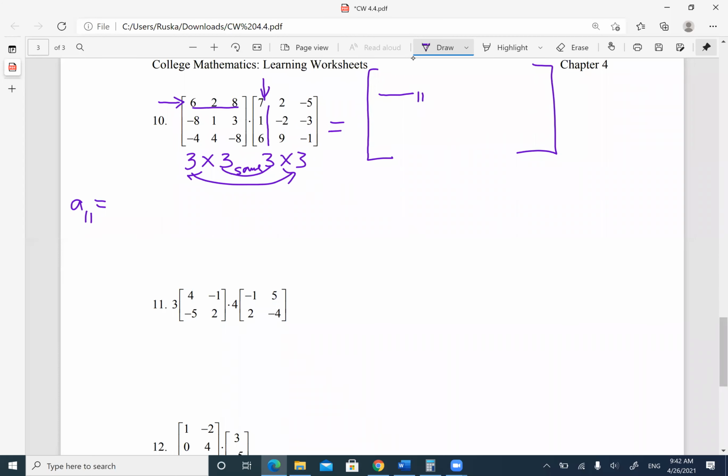So it's going to be 6 times 7 plus 2 times 1 plus 8 times 6. 6 times 7 is 42, right? Plus 2 plus 48. 50, so that's going to be 50, 92. Is that right?